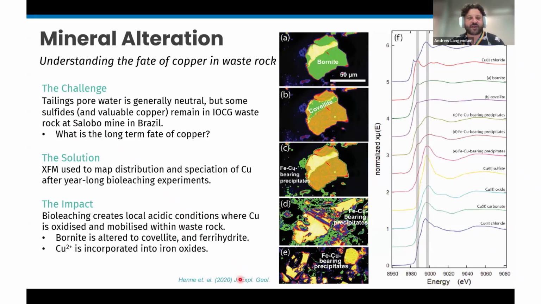This is a bit of an older study now, but this was looking at the weathering of copper from tailings in Brazil and how that copper was being liberated from bornite and covellite, and its interactions with iron when it entered into the precipitates and became a lot more mobile within those precipitates.